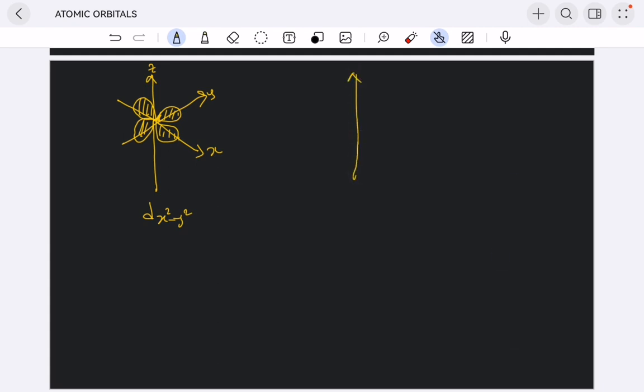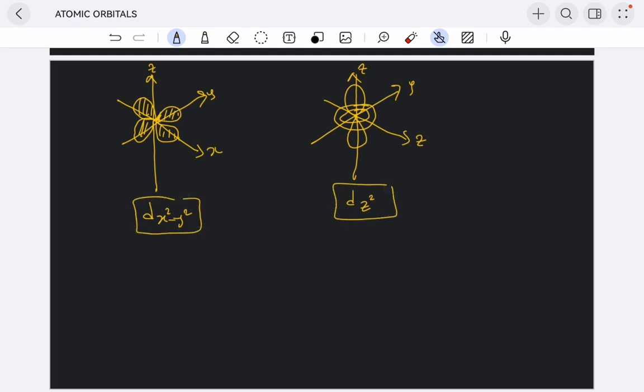Then the last one, which is along the z axis, which is the dz squared, appears like this. Then we have something like this. So they appear to be a bit complex and we're not supposed to know the shapes obviously, but we have to know the names of the orbitals. So for the d we have 5.